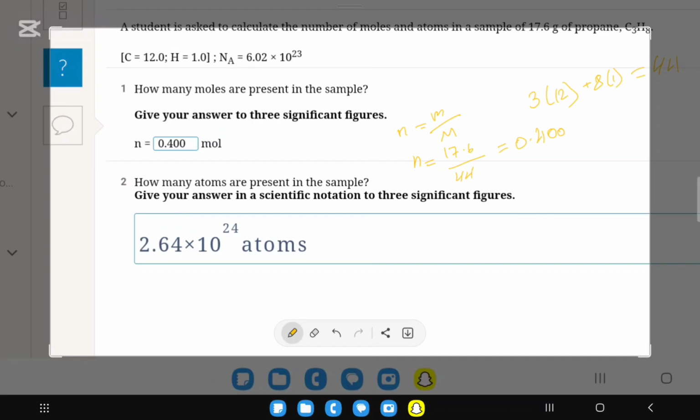So to find the number of atoms, you do atoms is equal to n times Na, Avogadro's number, times atomicity. Atoms is n, we already got it, 0.4. Avogadro's number, it's given, 6.02 times 10 to the power of 23, times atomicity.